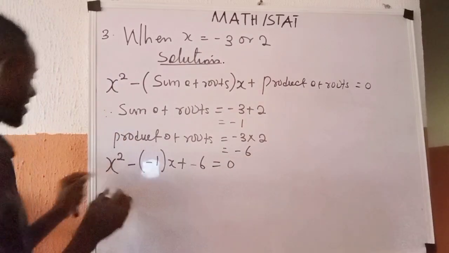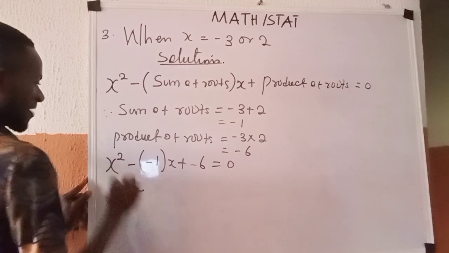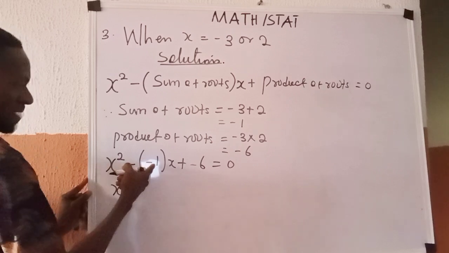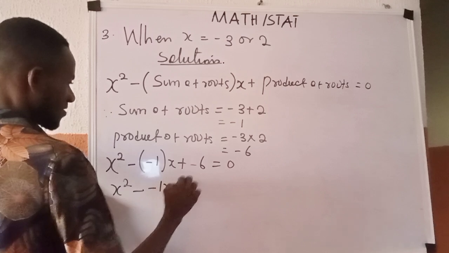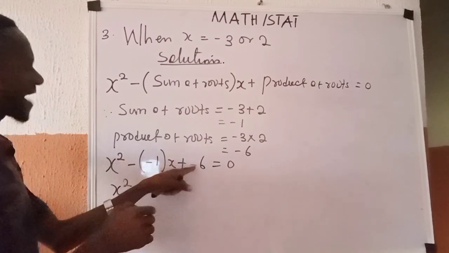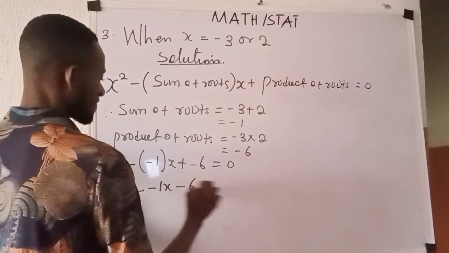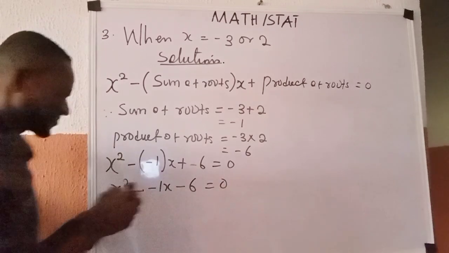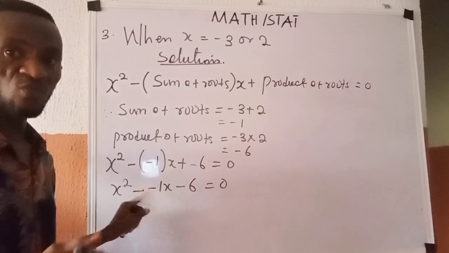So we return back. Here we have x raised to power 2. Here is minus. This minus here, -1 times x will give me -1x. Then plus minus in mathematics means minus, so I have minus 6. This equals 0. Now, minus minus in mathematics means plus.